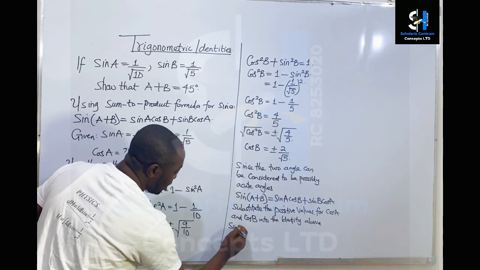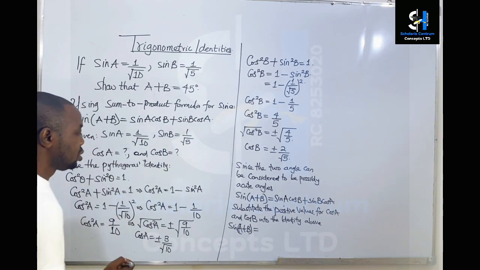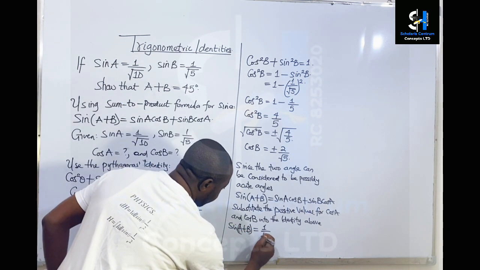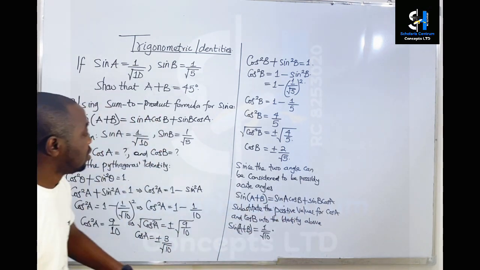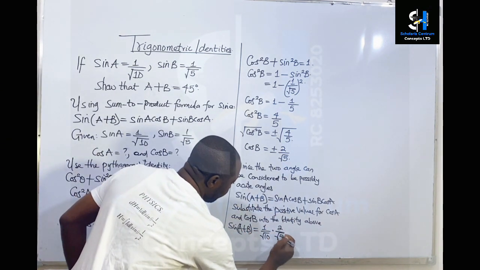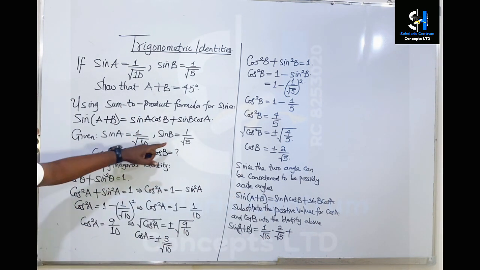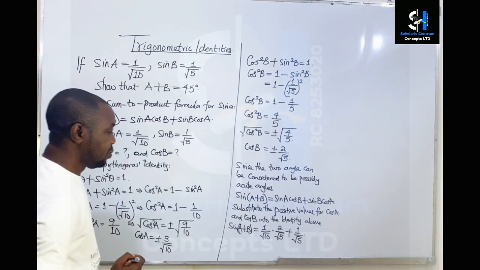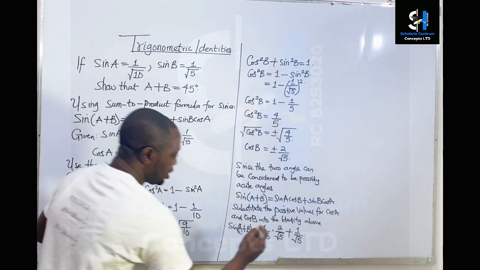So we can then have sine A plus B equals, now we know sine A is 1 over root 10, multiplied by cos B, which is 2 over root 5, then plus sine B, which is 1 over root 5, multiplied by cos A, which is 3 over root 10.